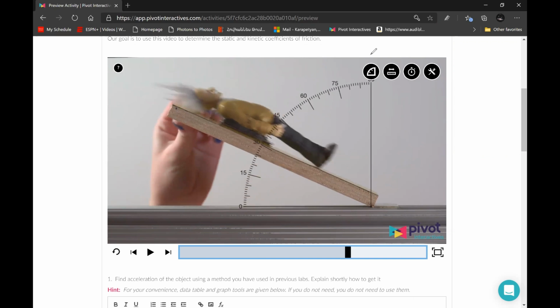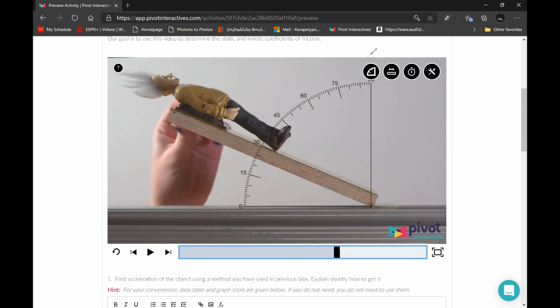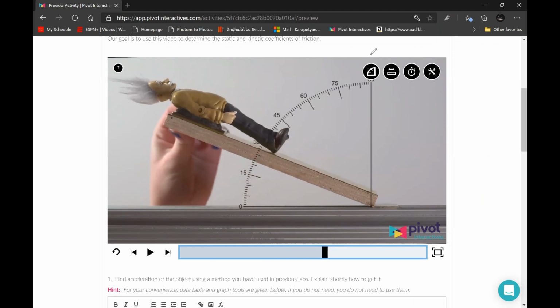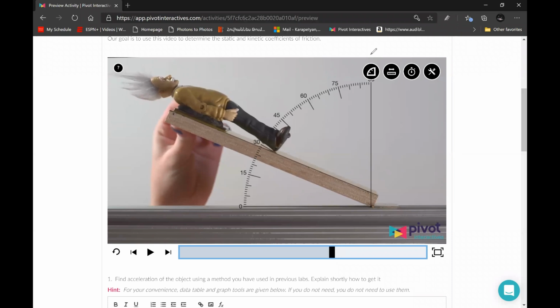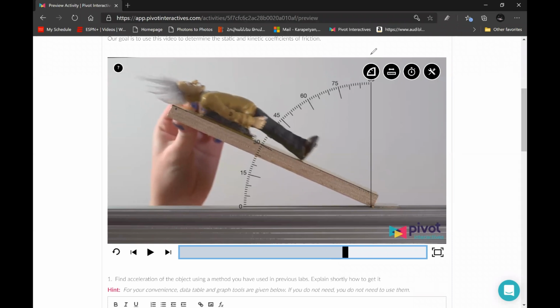At some point it starts sliding down, so you find the angle right before which it starts sliding, where it's still at rest. Somewhere over there you accurately measure the theta that gives you the critical angle. Here is the critical angle, and beyond it, it starts sliding down.